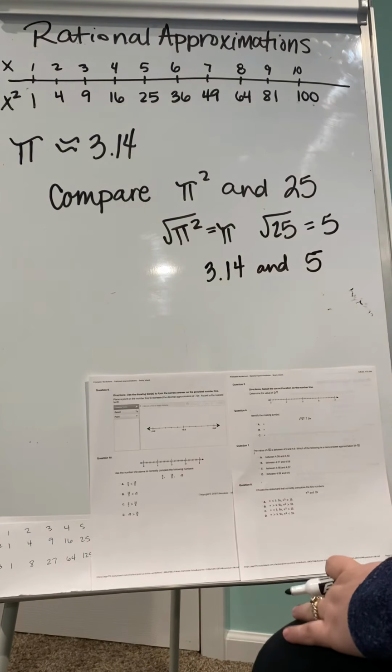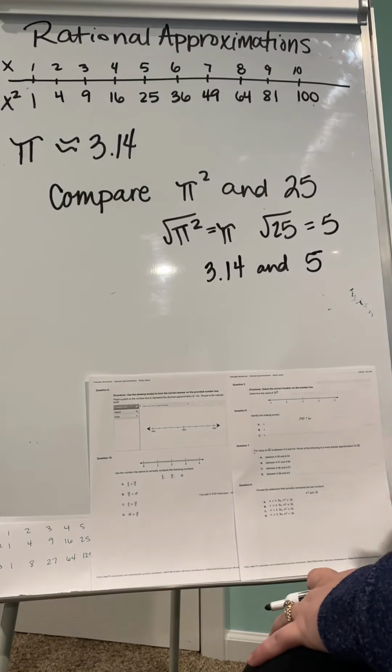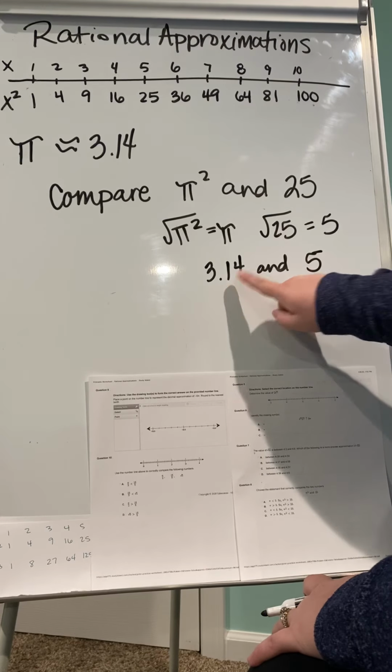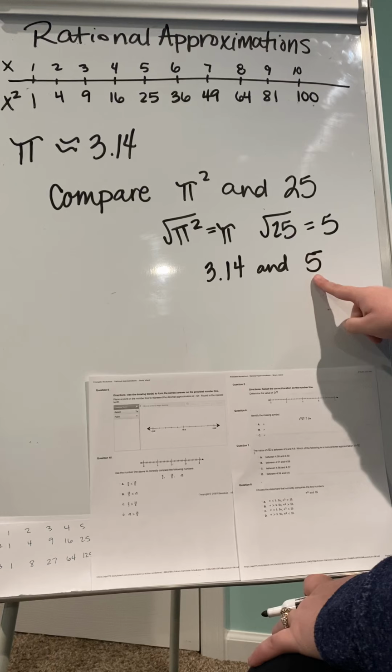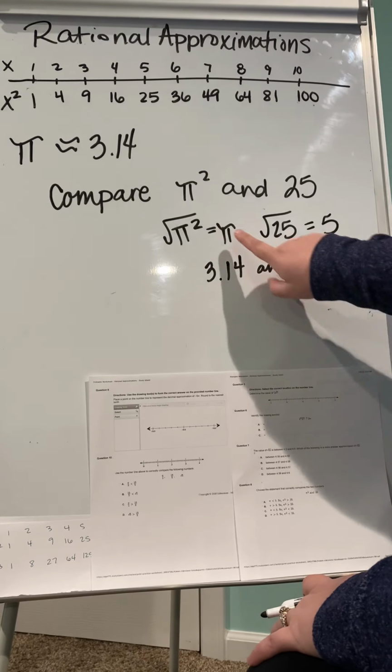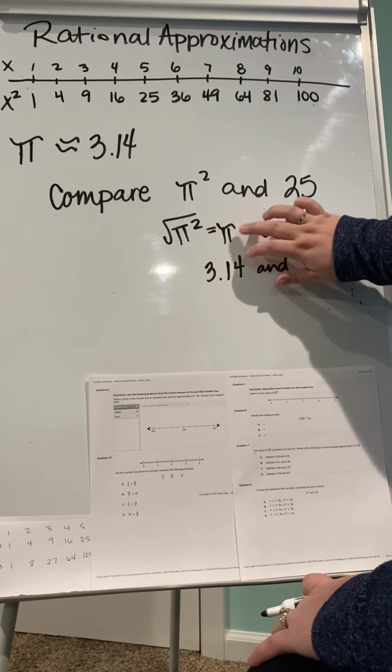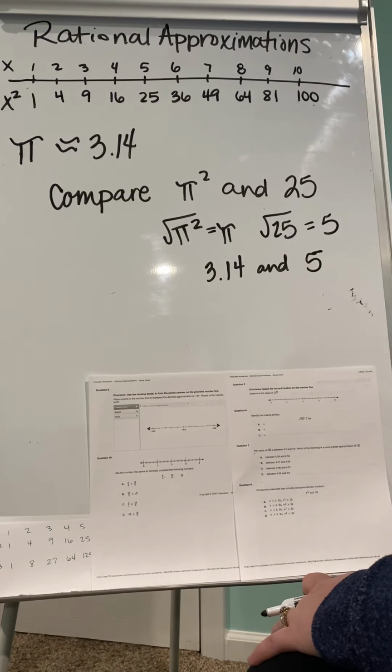That gets a lot easier to see, in my opinion. If I know 3.14 is less than 5, okay, that means pi is also less than 5, because these two are approximates.